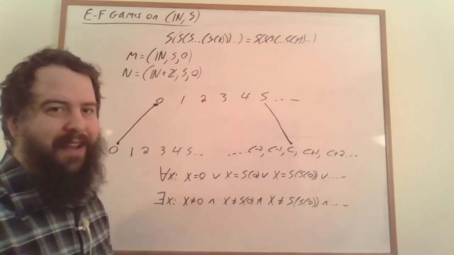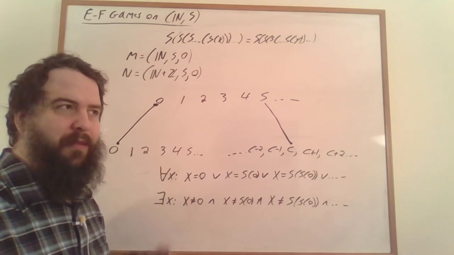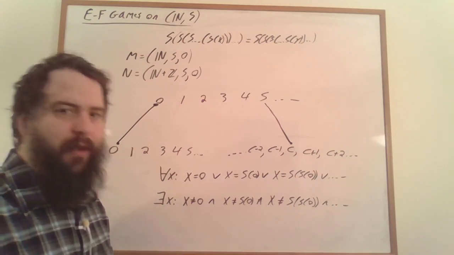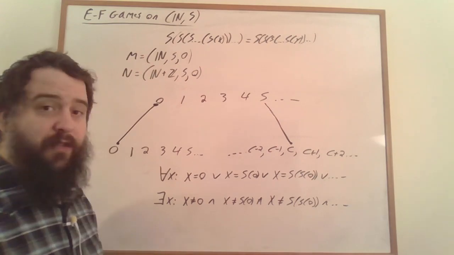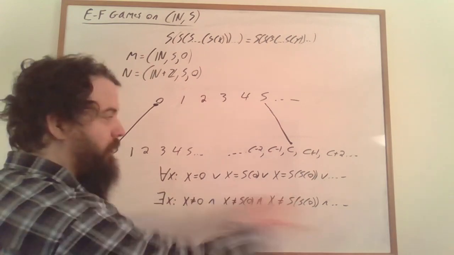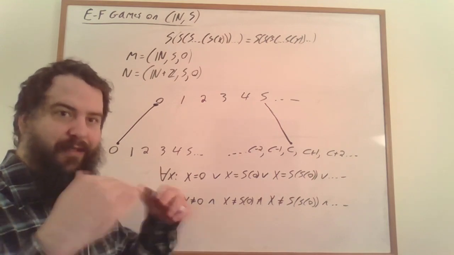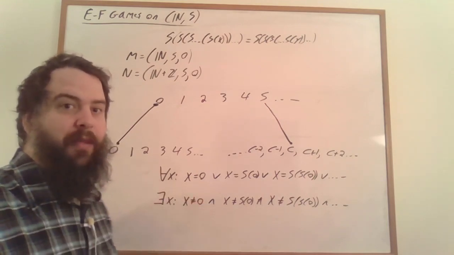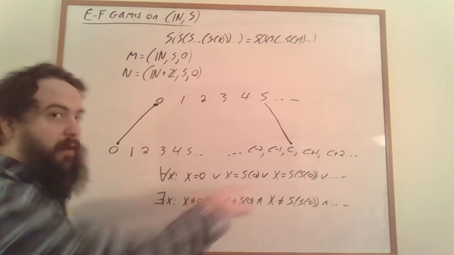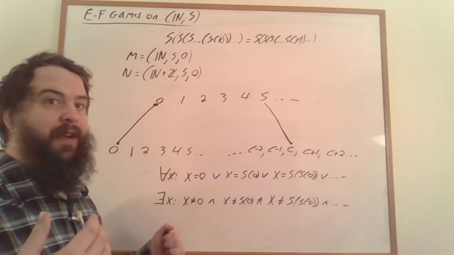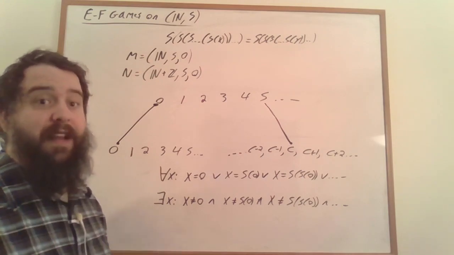We don't want that. We still want them to be finite, we still want them to be n turns long, and so we're going to restrict it so that when you and together or or together infinitely many formulas, there's some bound on the quantifier depth, so that we can work out what the quantifier depth of the whole formula is, and so we can therefore talk about the game taking a finite number of turns.